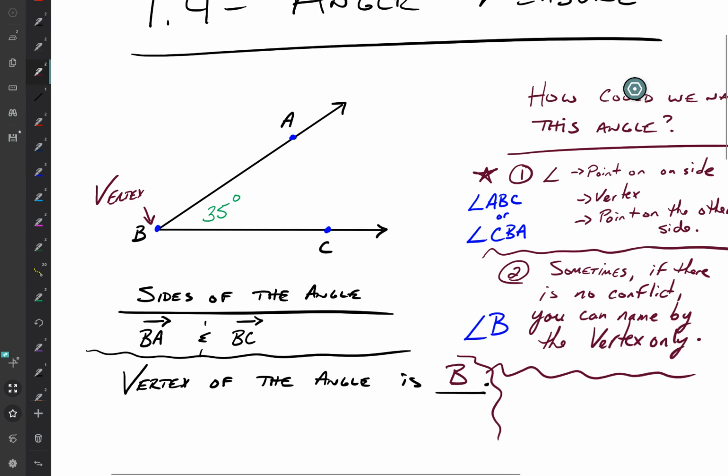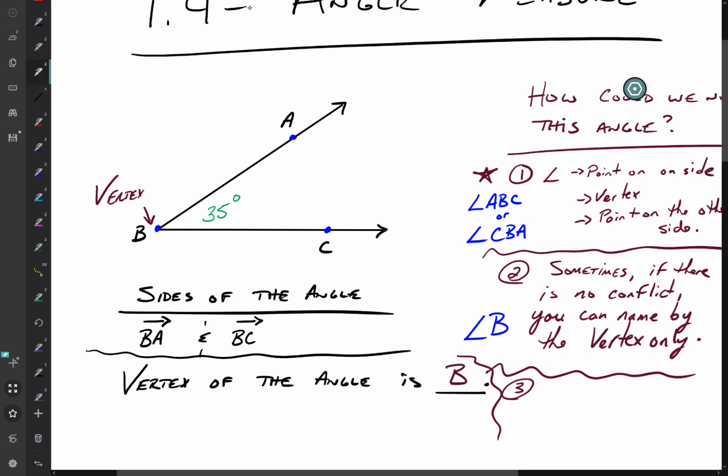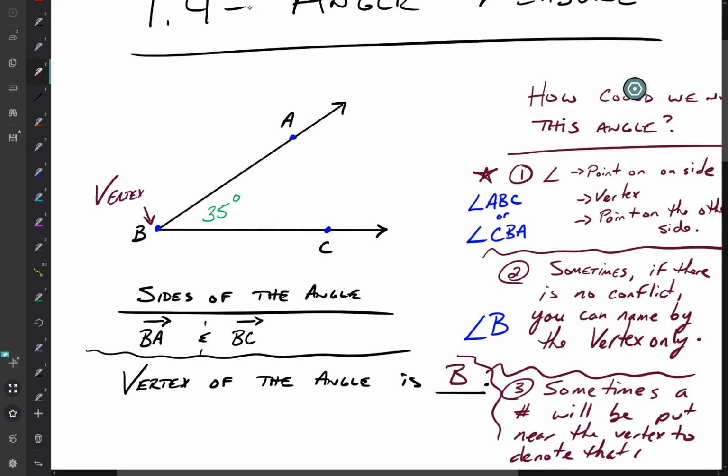The last way: sometimes a number will be put near the vertex to denote that angle.